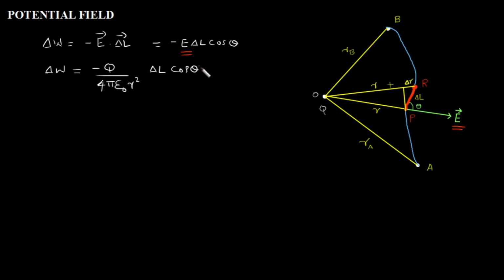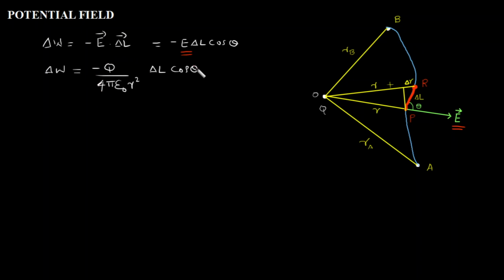Now to proceed, I have to do something with this delta L cos theta. I have a nice geometrical figure with me. I understood this. So can I get some relation from this figure for the expressions here?